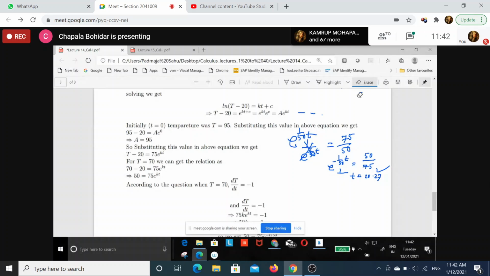Bit A, this one. And bit B, find the number of bacteria after 3 hours. Bit C is find the rate of growth after 3 hours.